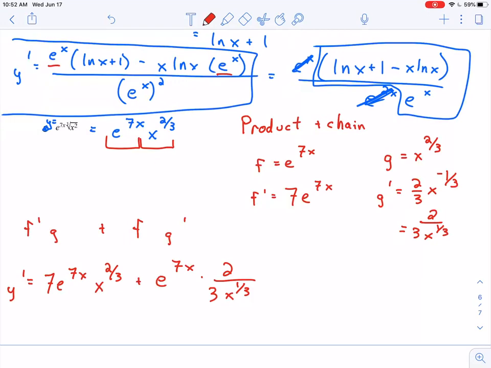Again, if you wanted to leave your answer like this, I think that's perfectly fine. If you did want to simplify a little bit, all I would recommend doing is factoring out this e to the 7x from both of these two terms. That would give me e to the 7x times 7x to the 2/3 plus 2/3x to the 1/3.